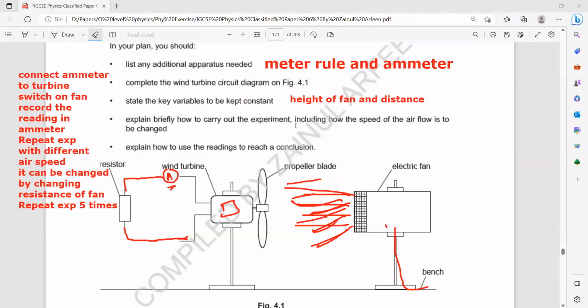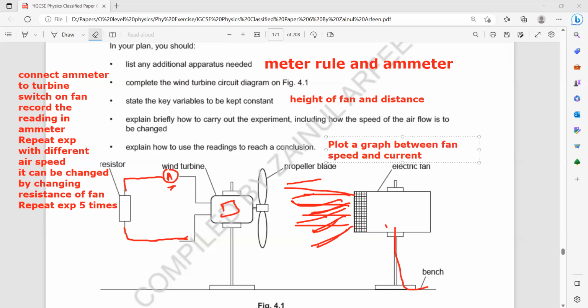Then explain how to use the readings to reach a conclusion. So how can we reach a conclusion from our readings? We can plot a graph between the fan speed and the current produced in the wind turbine.